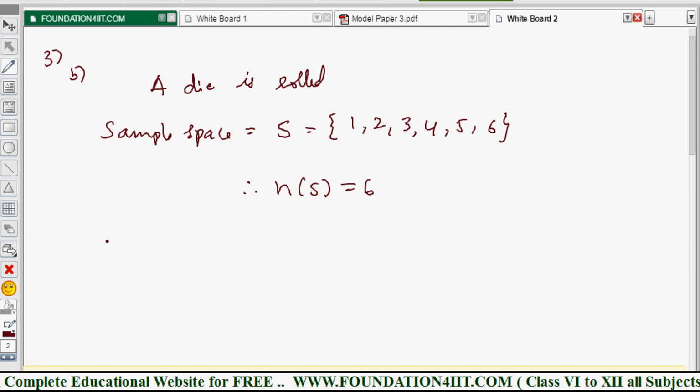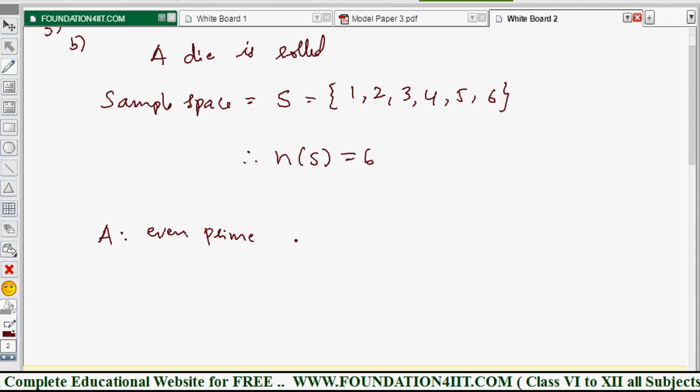Then the event: first one is even prime. Among these, the even prime number is only 2. Then n of E1 is equal to 1, only one element.